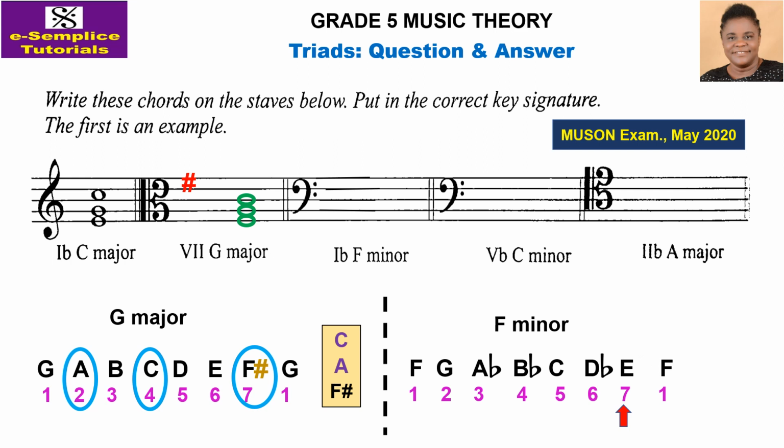We are looking for the tonic chord, so it's going to be 1st degree, 3rd, and fifth. But note, we want to write the first inversion of this chord. That means A flat will be at the base. So we have A flat, C, and F.